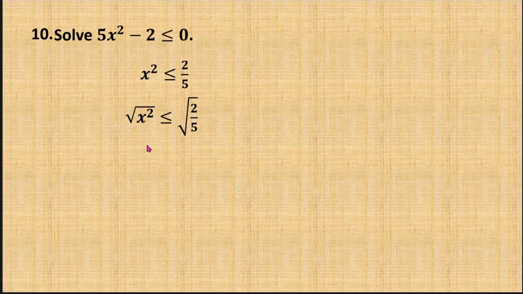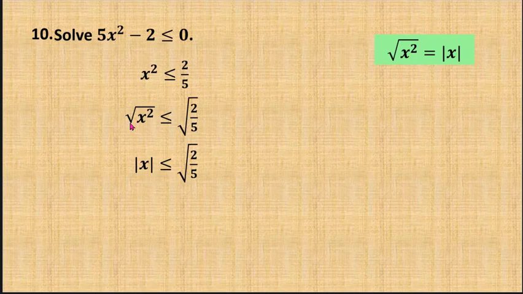We know that at SPM level, students would say that square root of x power 2 is equal to x. But at STPM level, square root of x power 2 is actually equal to modulus of x. So we replace square root of x squared with modulus of x.